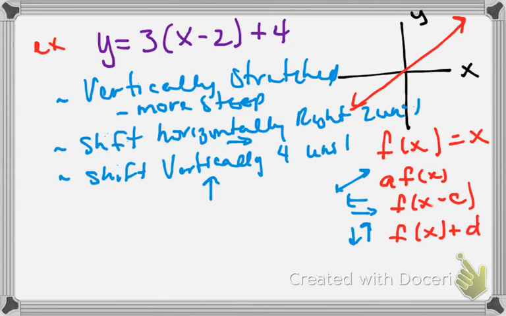Now, what would this kind of look like if I was to redraw it? Let's try. I know that it's going to be more steep. I know instead of 0, it's going to be at 4, so we're going to pretend that this is 4 right here. And we know it's shifted. If it's 2, that means it's here, and so it should be something like this if I get this right.